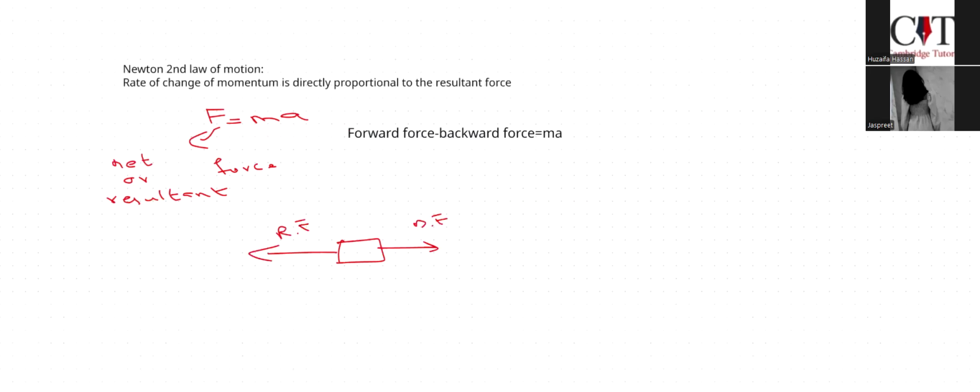The data given is: the car has mass equal to 750 kg, has driving force 2 kilonewton, and forward horizontal acceleration is 2 meters per second squared. Calculate the resistive force.